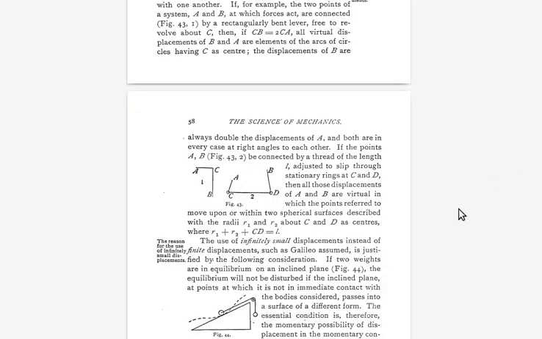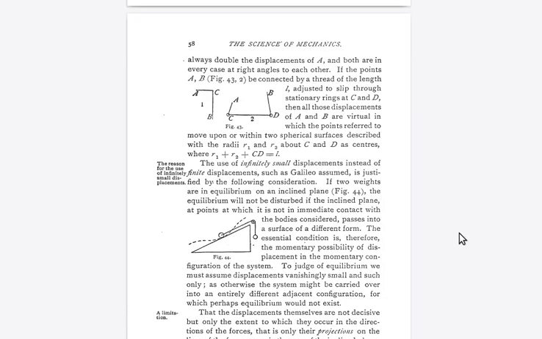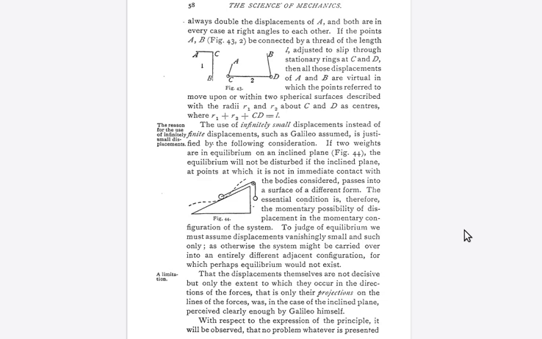The use of infinitely small displacements instead of finite displacements, such as Galileo assumed, is justified by the following consideration. If two weights are in equilibrium on an inclined plane, figure 44, the equilibrium will not be disturbed if the inclined plane, at points at which it is not in immediate contact with the bodies considered, passes into a surface of a different form.